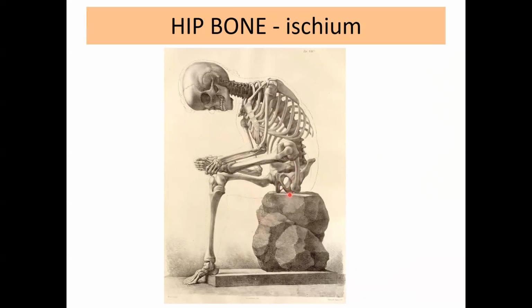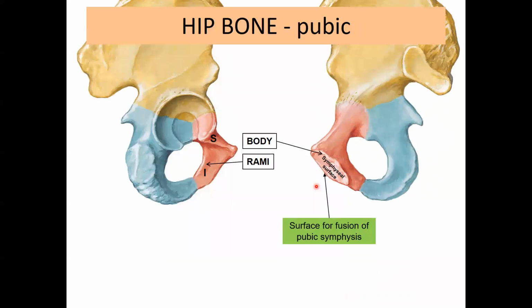So it must be rough and a strong bone. It is a weight-bearing bone when we are sitting in this position. That is the ischial tuberosity.